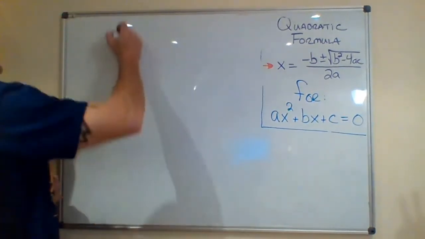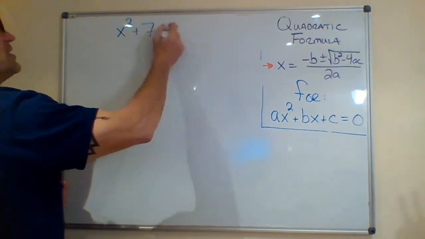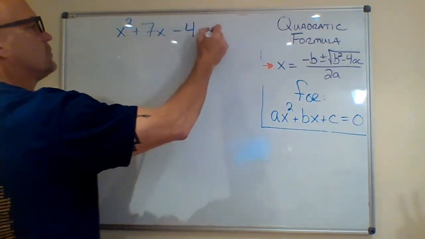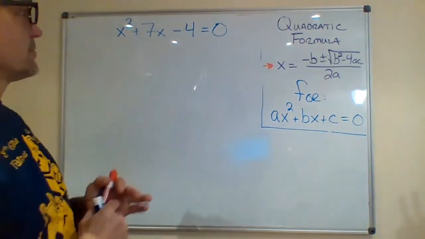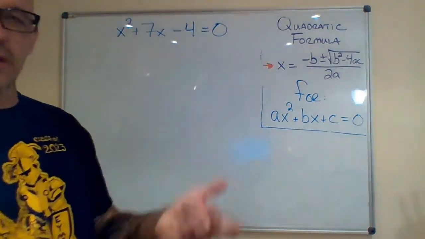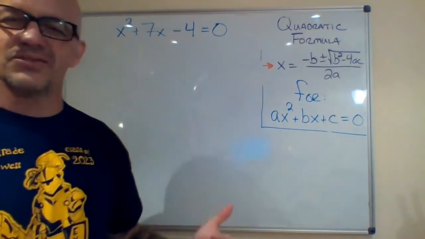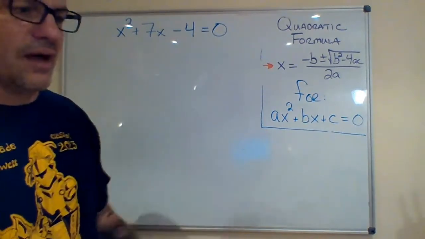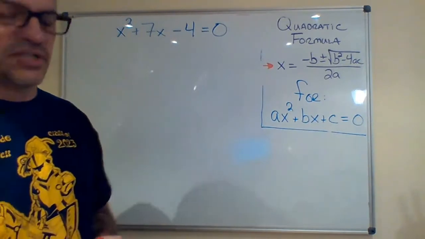Let's put one up like x squared plus 7x minus 4 equals 0. Hopefully when we look at that, we realize that would not factor. I'm trying to come up with two numbers that multiply to -4 and add up to 7. We could complete the square here, but when you do your b value, you're going to do 7 divided by 2 squared. It's going to get ugly fractions, lots of steps. This is where the quadratic formula really shines.